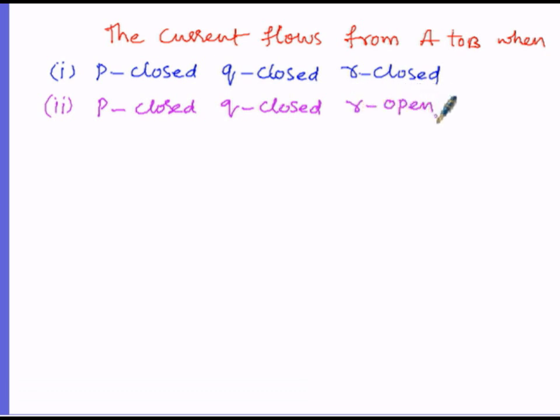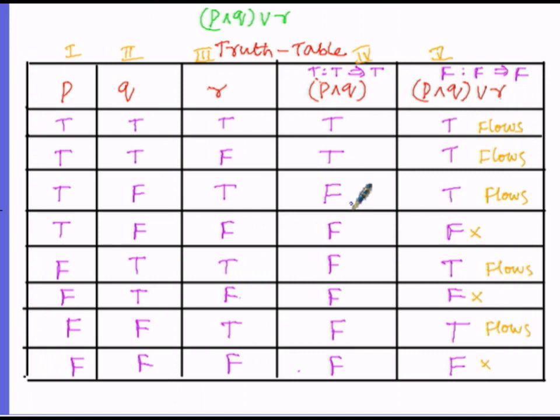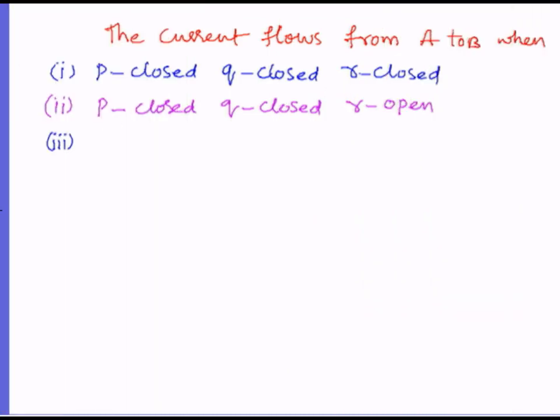And in the third case, also the current flows from A to B when P is closed and Q is open and R is again closed.